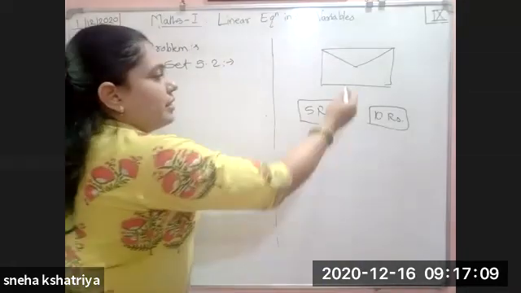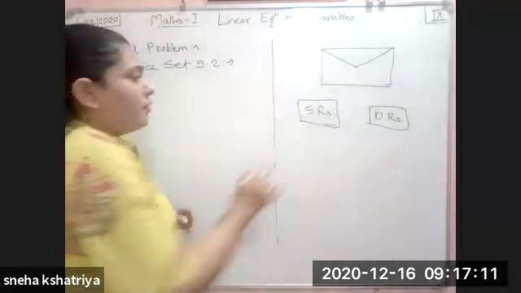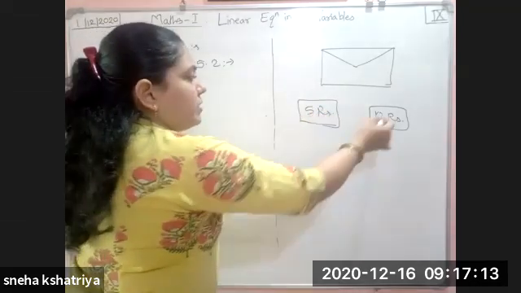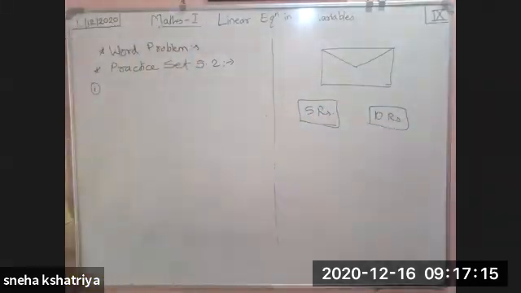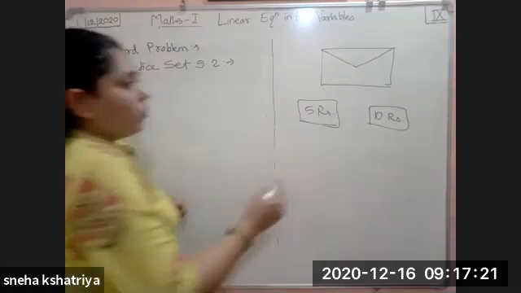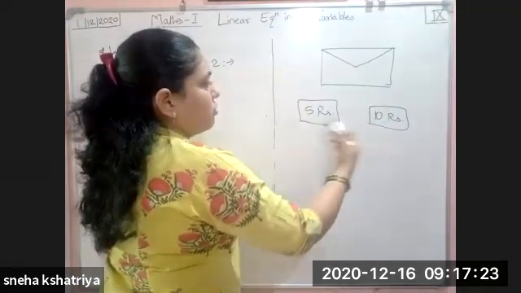How many are there? We don't know. We just know there are some 5 rupees notes and some 10 rupees notes. Total amount of these notes together is 350 rupees.